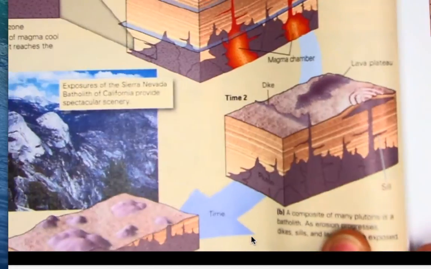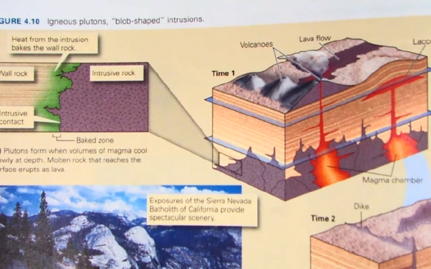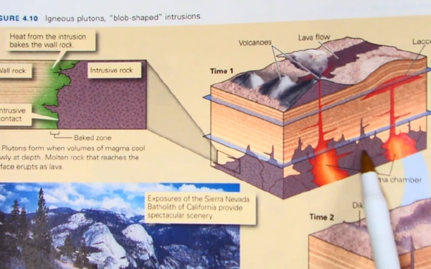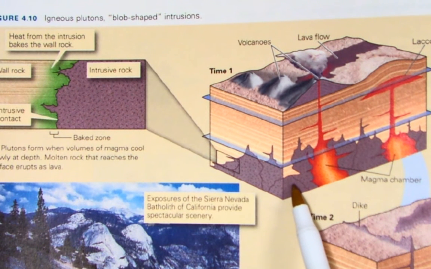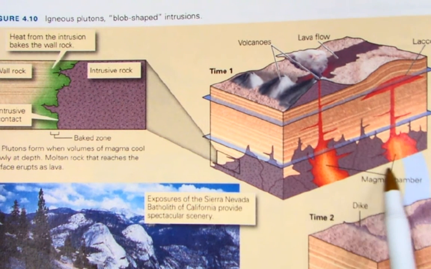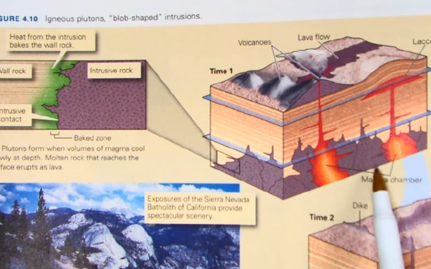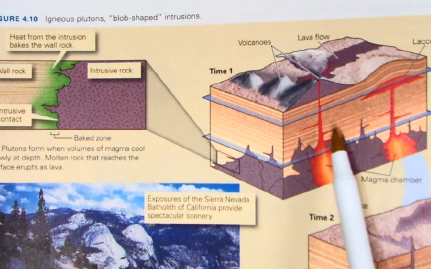Now, if we go over here to the next page, figure 4.10 shows some body shape intrusions, right? So it's showing basically several plutons down here coalescing to form a batholith. So this would be the batholith down here. And then here are some individual magma chambers that are still molten, but they're sending up sills, dikes.